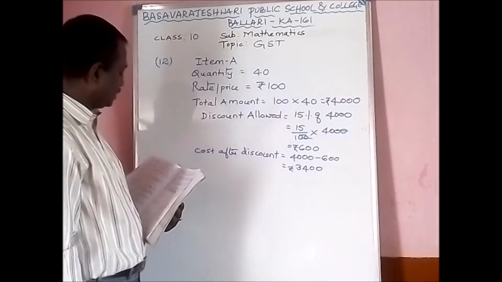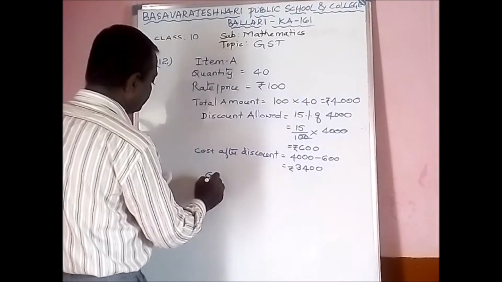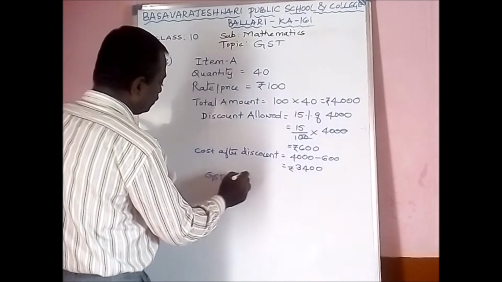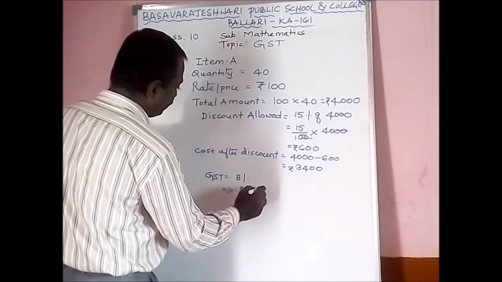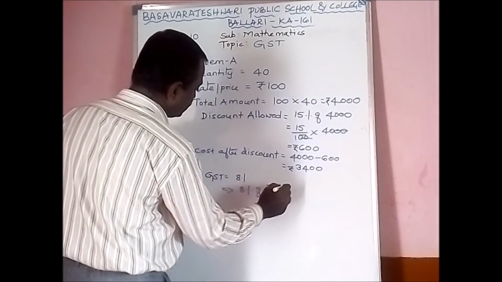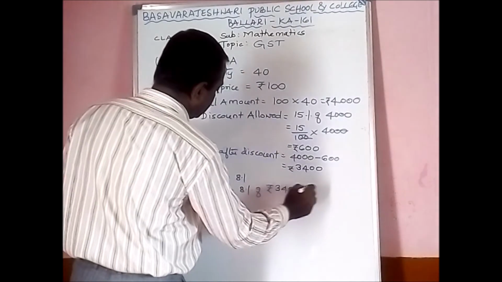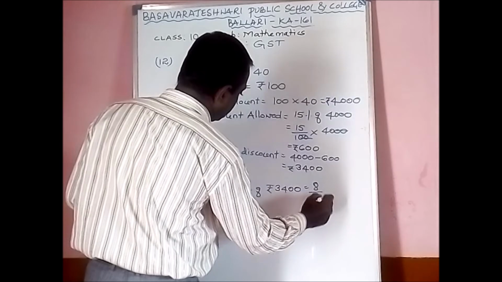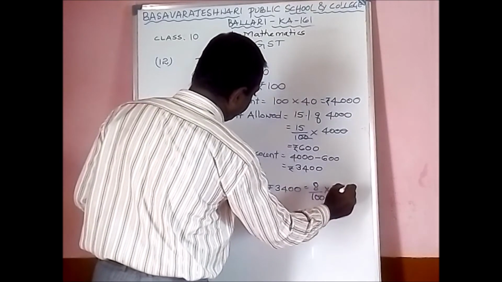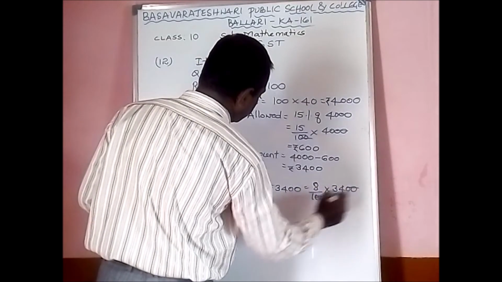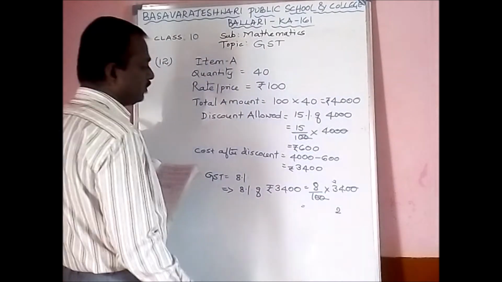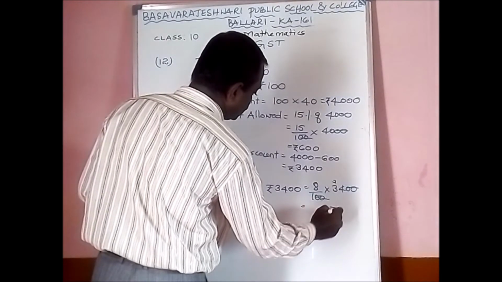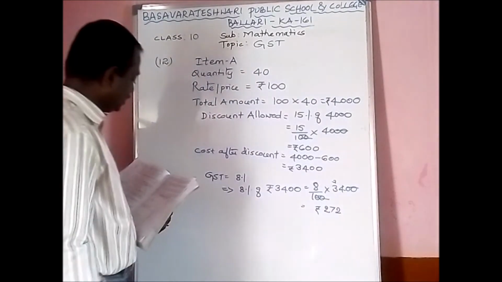3,400 rupees. Now GST, they are saying GST is equal to 8%. This implies 8% of rupees 3,400. 8 by 100 into 3,400. 2 zeros cancel. 8 times 4 is 32, 8 times 3 is 24 plus 3 is 27. 272 rupees is the GST.